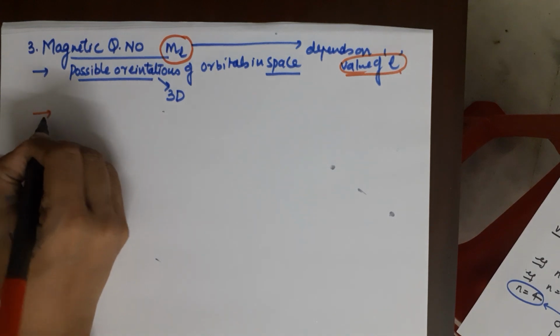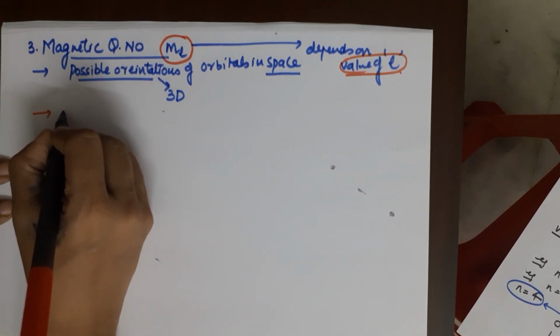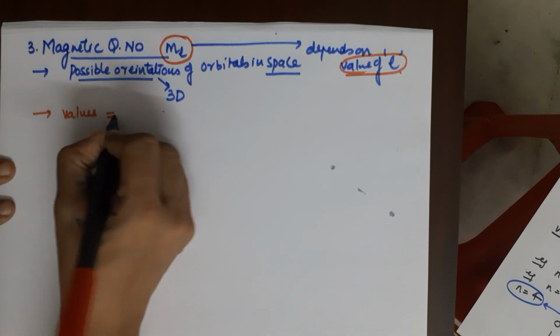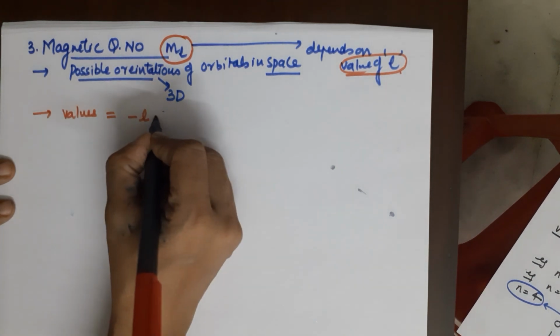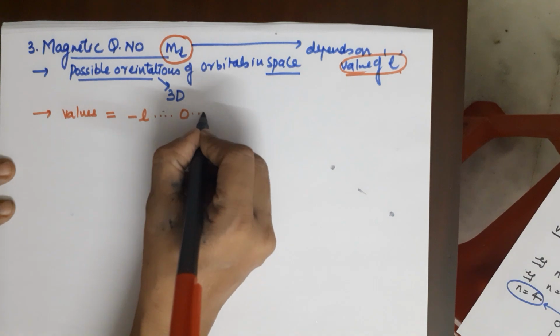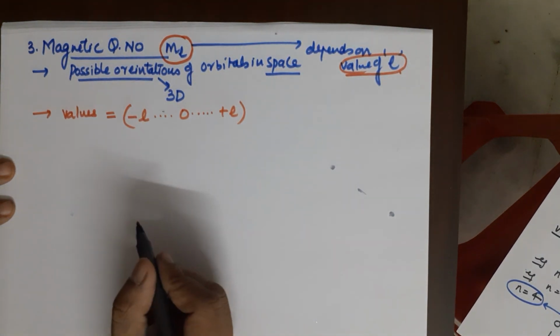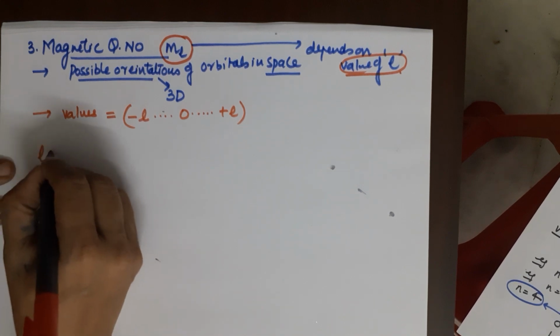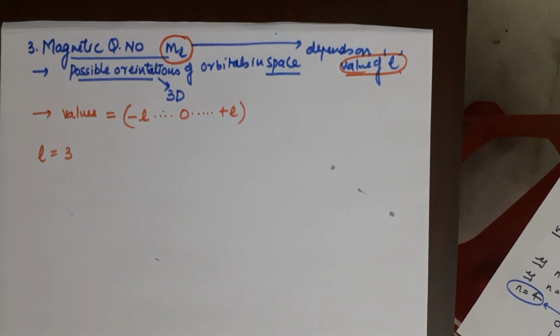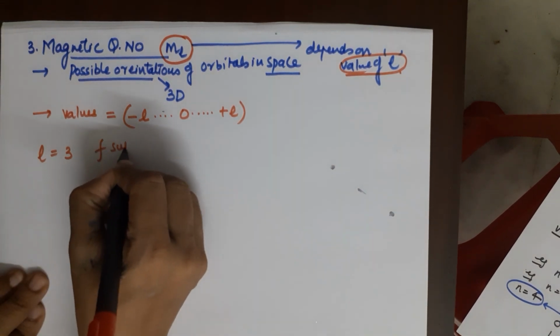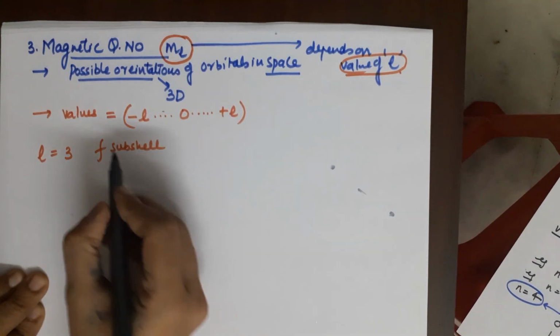Therefore, the possible orientations or the possible values that the magnetic quantum number can have are beginning from minus L, going to 0 and going up to plus L. Now, what do I mean by this? For example, I have an L value equal to 3. Now, when L is equal to 3, I am talking about the F subshell as we did in the azimuthal quantum number.